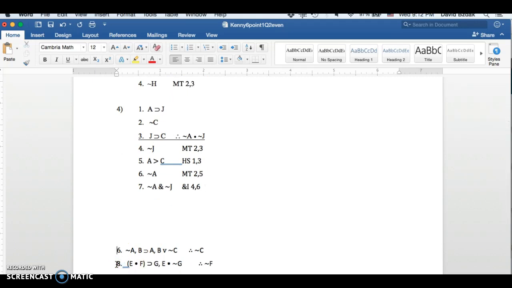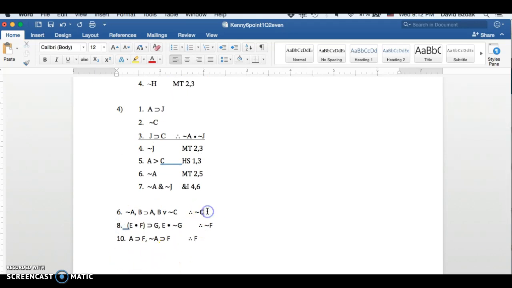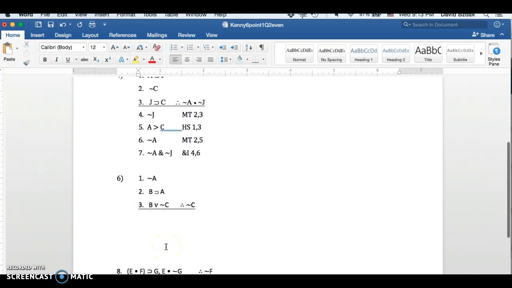Number 6. So we've got not A as a premise, B conditional A, B disjunction not C, and our conclusion is not C. Okay, so again, you can sort of do whatever rules apply, right?